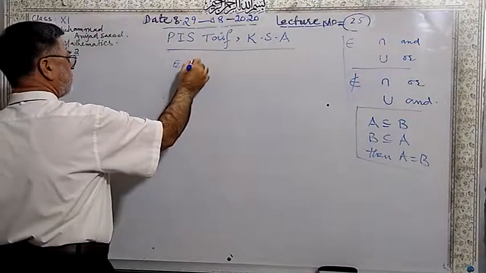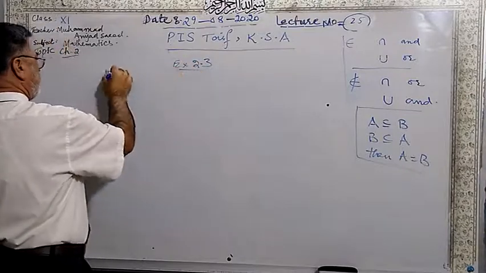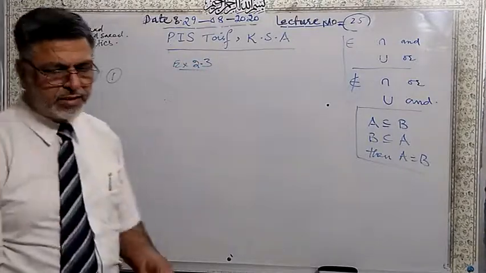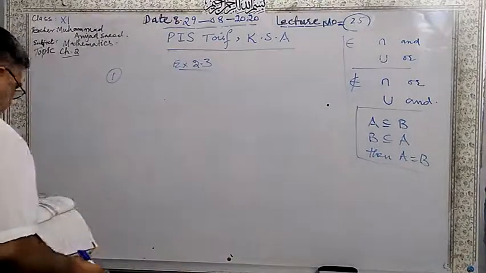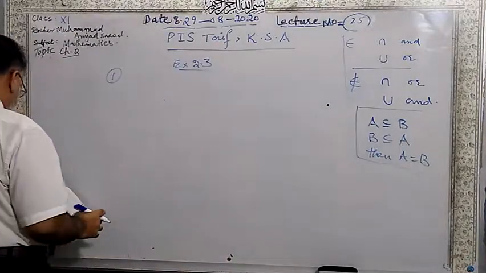Exercise 2.3, question number 1. The question is verify commutative property of union and intersection for the following sets.